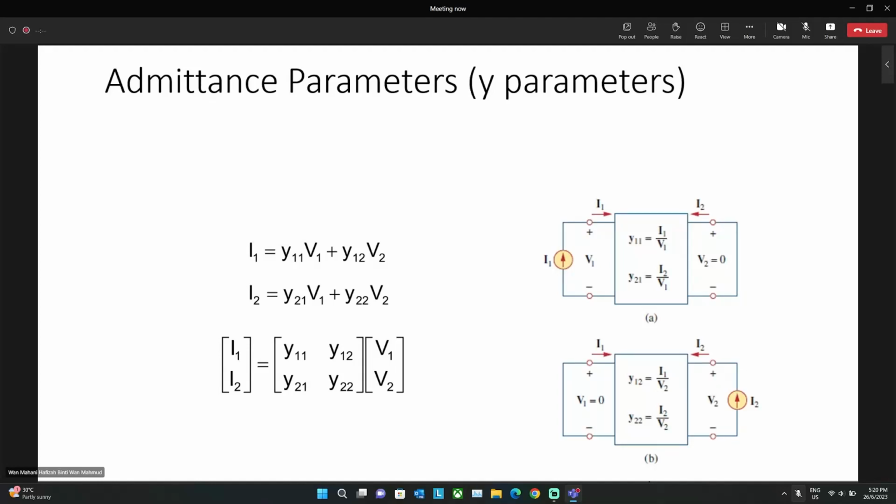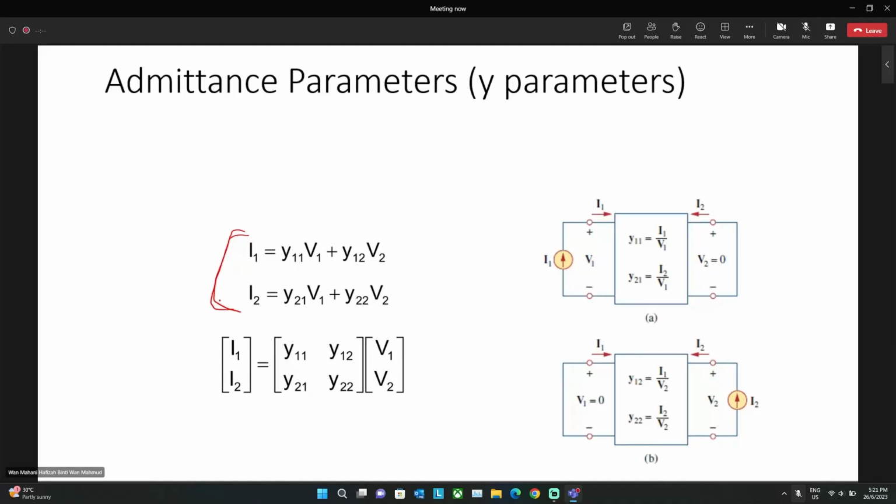Alright, admittance parameter. Ini lagi satu you kena fokus juga. So admittance parameter ataupun kita sebut sebagai Y parameter lah. For this parameter, main equation you kena tahu adalah dua ni lah. Dia sebenarnya terbalik daripada Z parameter.